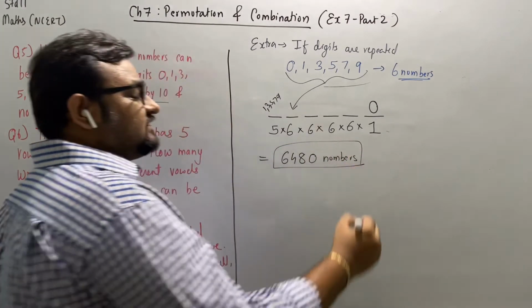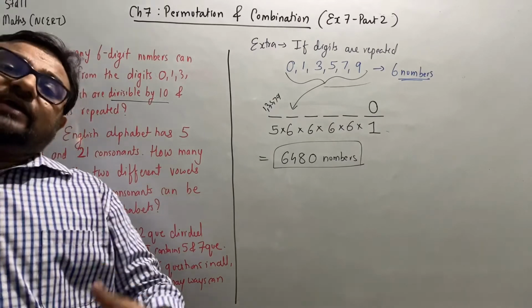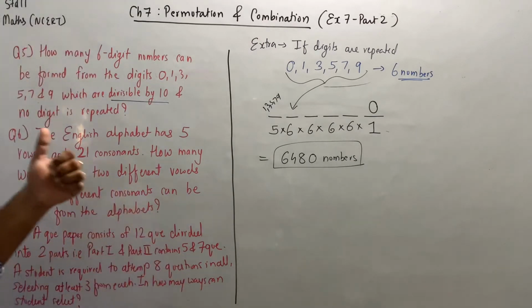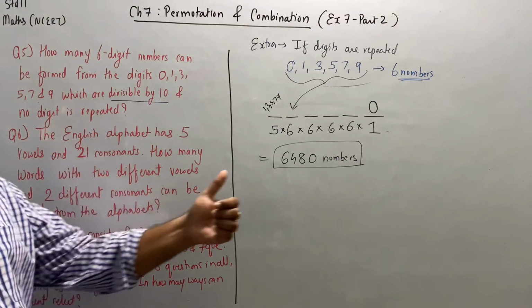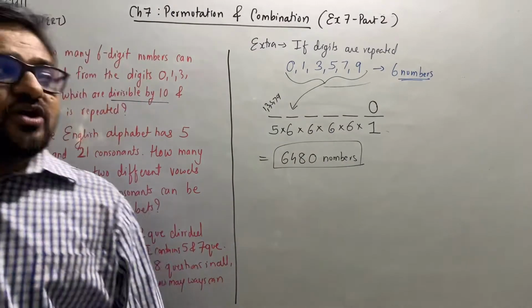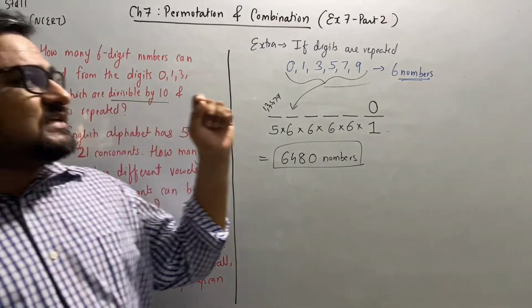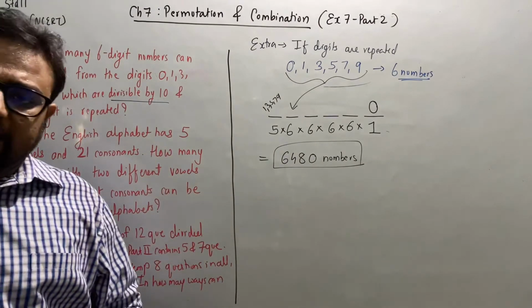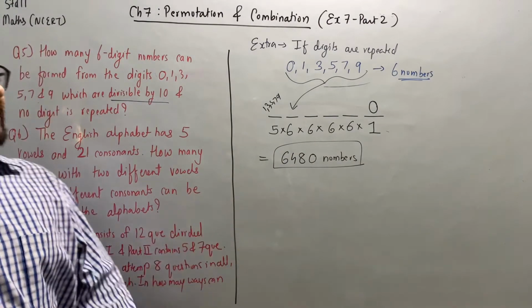So see, if digits are not repeated, it will have only 120 numbers. When if the digits are repeated, then we can form 6,480 numbers from 0, 1, 3, 5, 7, 9, which are of 6 digits and divisible by 10. Okay, so note down this extra question.